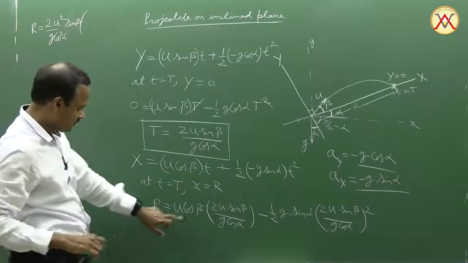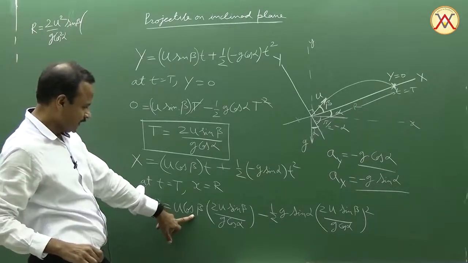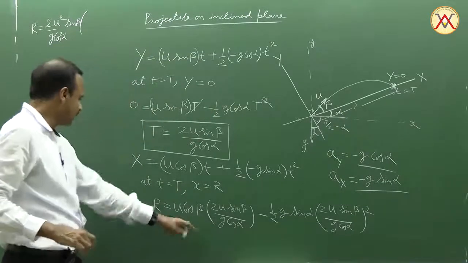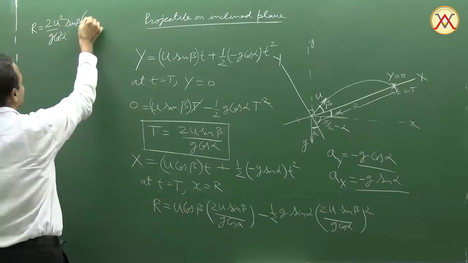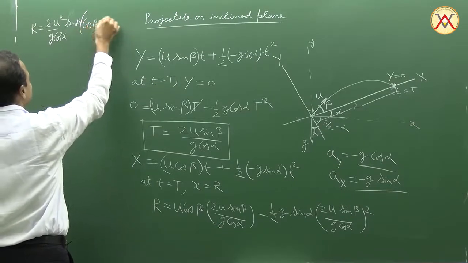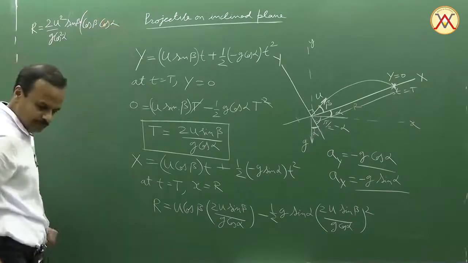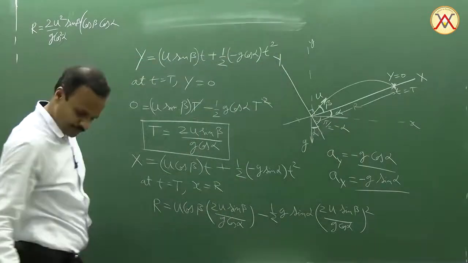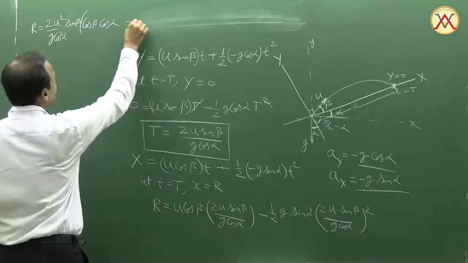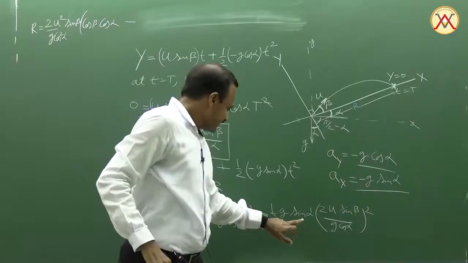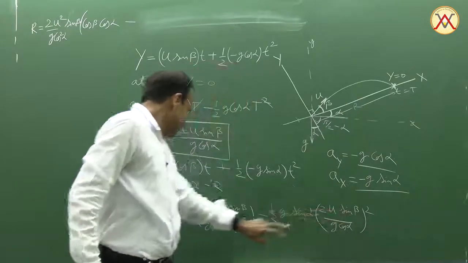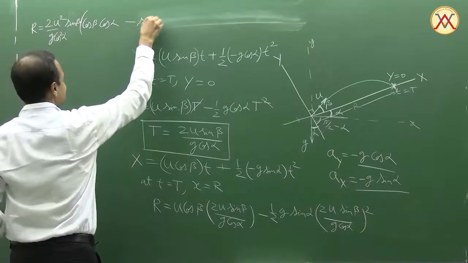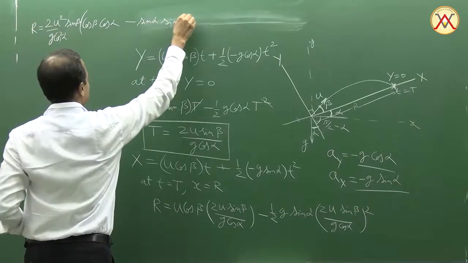Now what are we left with? Cos beta, and I had taken one extra cos alpha in the denominator common, so there will be a cos alpha here. I get cos beta cos alpha, minus sin alpha and one sin beta, because the other one we have taken common. So sin alpha sin beta.